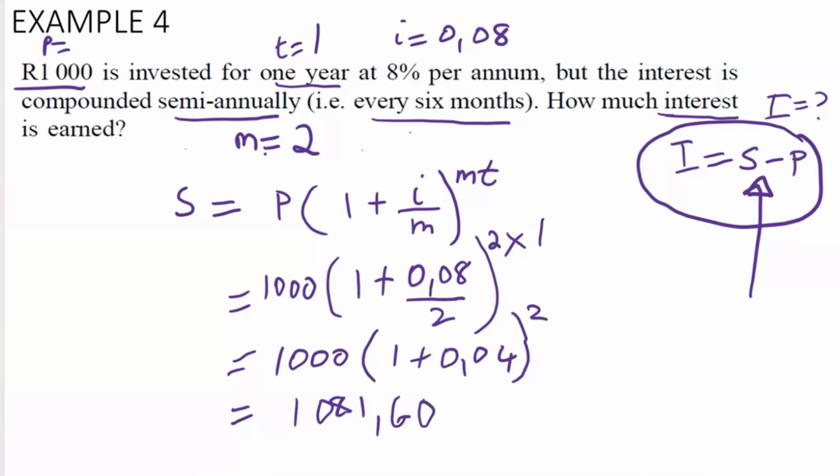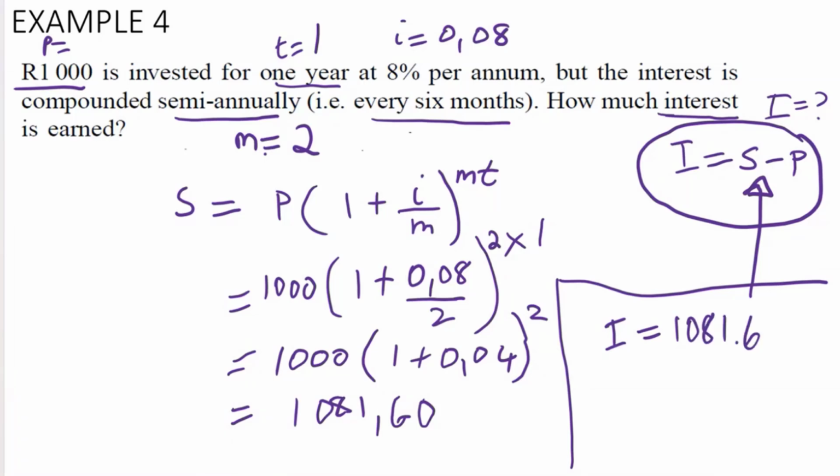You were asked to find the interest. Okay, so according to this formula, your I is equal to your S, which is 1081.60, minus your P. Your P there is 1,000. So you plug this into your calculator. So your interest is 81 Rand 60. Okay, so that is a basic one.